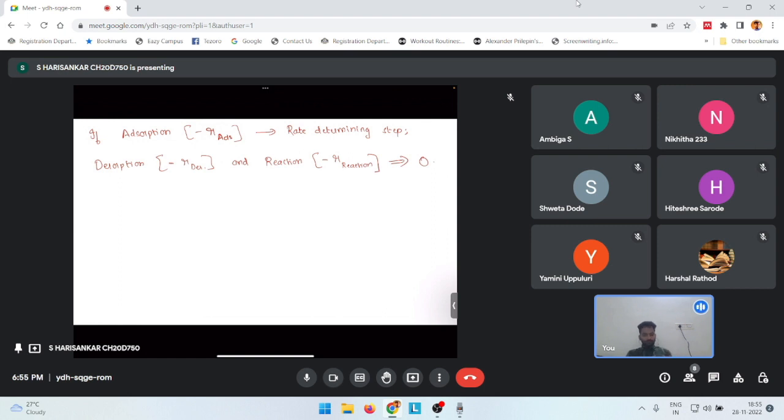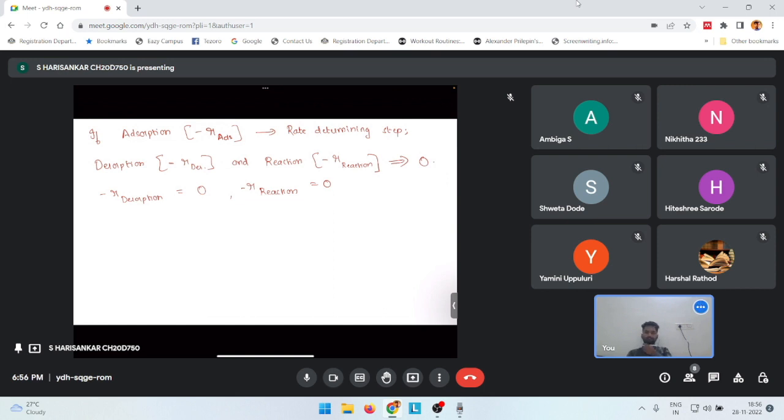That means the rate of desorption will be equal to zero, and the rate of reaction will also be equal to zero. That is how we determine the overall reaction rate of this process, by equating the non-rate determining steps to zero.